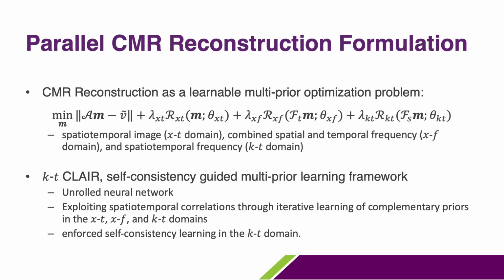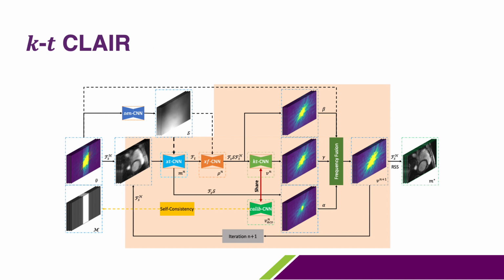Moreover, it introduces self-consistency learning in the k-t domain through end-to-end learning, ensuring that the reconstruction is consistent with the acquired data. This is the overall architecture of the proposed CLAIR framework.